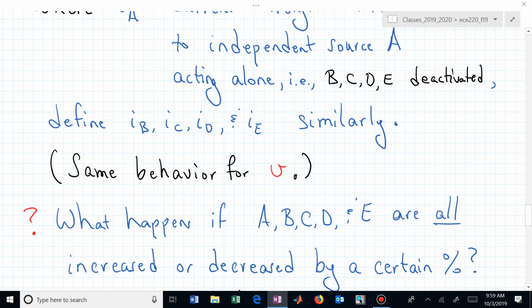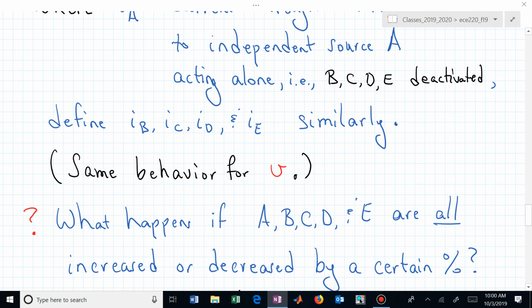What happens if now somebody says, you know what, adjust all of those sources, A through E, increase them by 10%. All of them. What's going to happen to I? And here the key is our circuit is linear, so superposition applies. It'll increase 10%, whatever increase means.